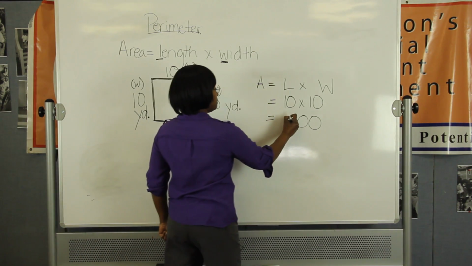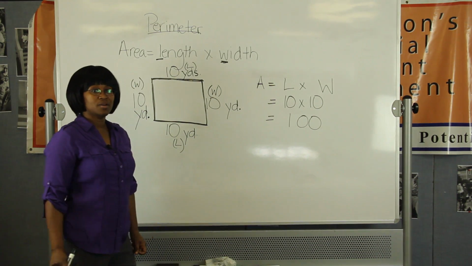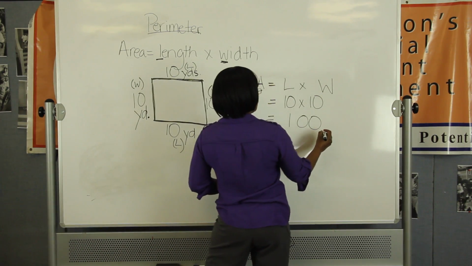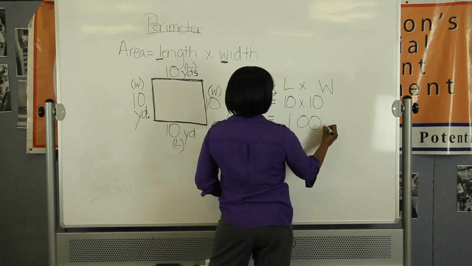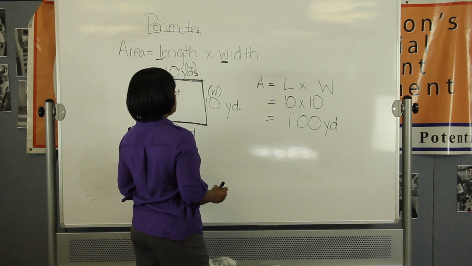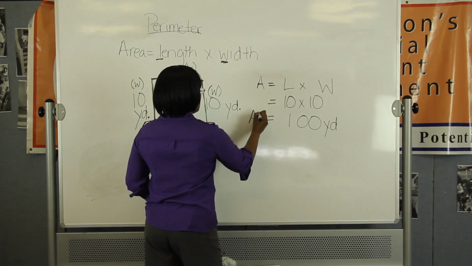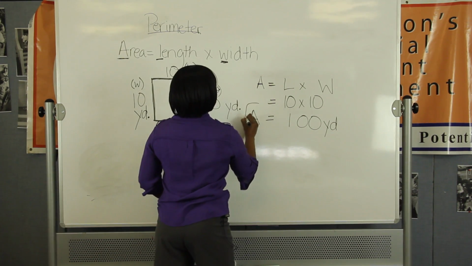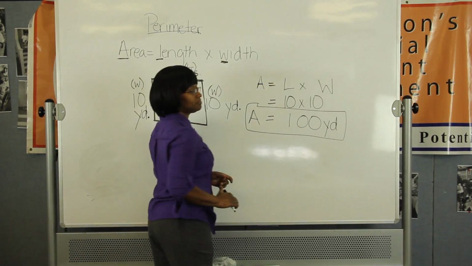It is 1. And so now you have your number. But if you know the math fact, that's great too. So now we have to add our units. Our units are yards. So you now know that the area, which is short for A, is equal to 100 yards.